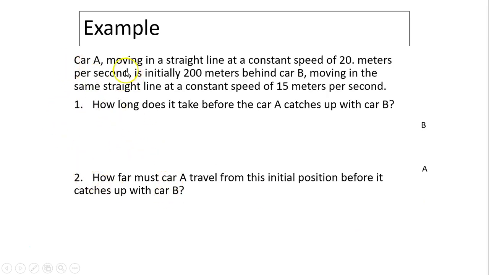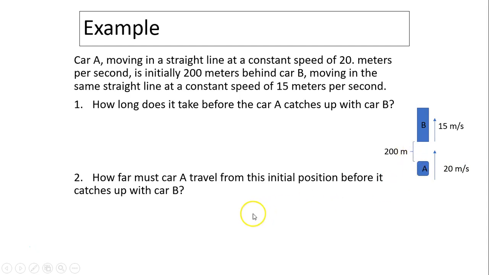Another example, car A moving in a straight line at a constant speed of 20 meters per second is initially 200 meters behind car B, moving in the same straight line at a constant speed of 15 meters per second. So here is the picture, B at 15, A at 20 meters per second.